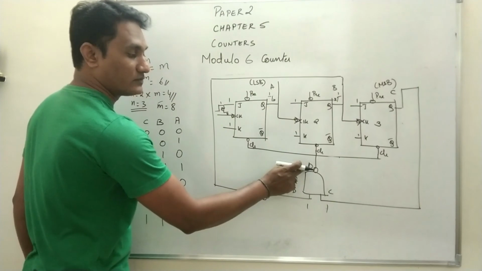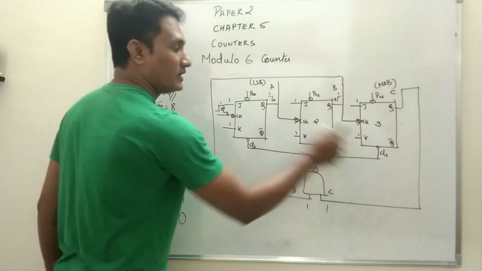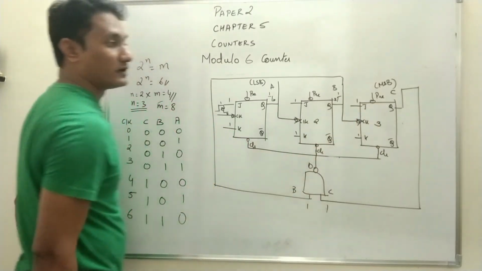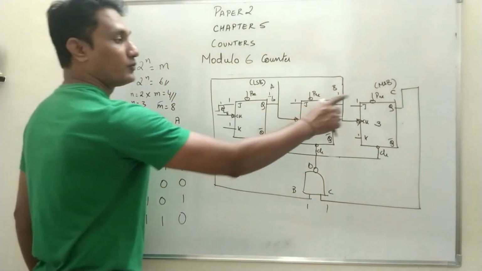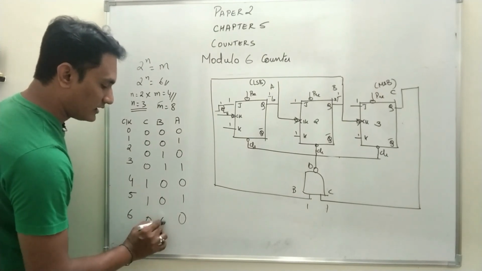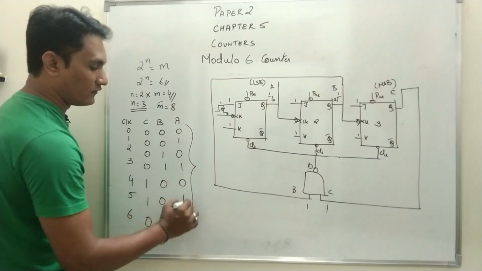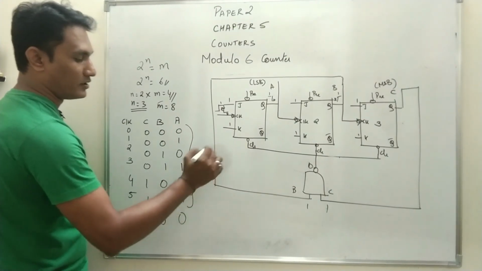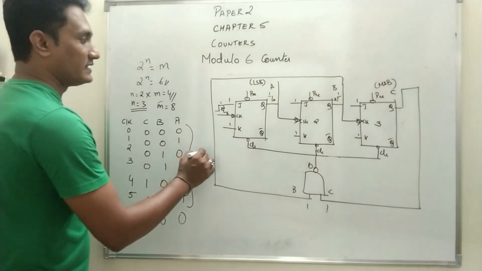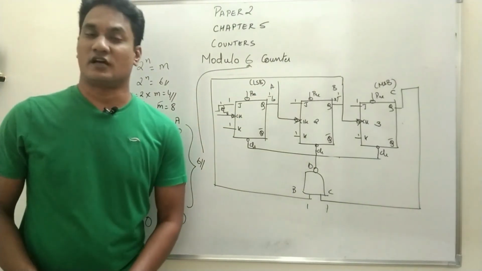As soon as it becomes 0, all the clear terminals are activated, and the purpose of clear terminal is to reset Q output. Reset Q output means all the Q outputs will become 0. So at this point, all the Q outputs will be 0. So the circuit will now count from 0 to 5. The total number of discrete states is 6, and that is why it is called a modulo 6 counter.